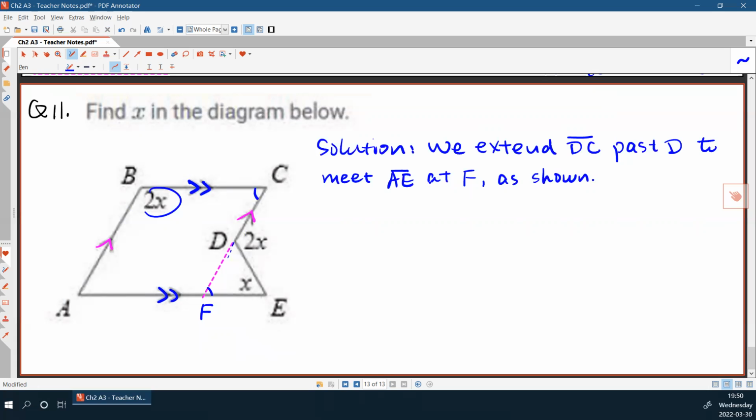Okay, then we know angle CDE is just the exterior angle of triangle DEF, right? Therefore, angle CDE should equal x plus angle alpha here, right? Let's call this alpha.